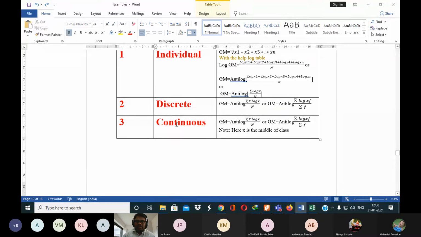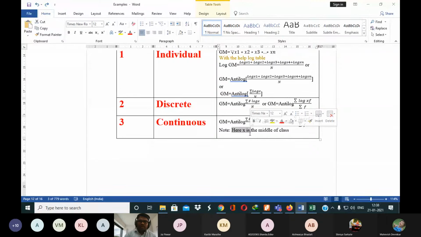In continuous series also we can calculate the geometric mean by using the same formula. The formula is the same for discrete series as well as continuous series, but when we consider the continuous series, data is always given in the form of classes, for example 10 to 20, 20 to 30, 30 to 40, 40 to 50.